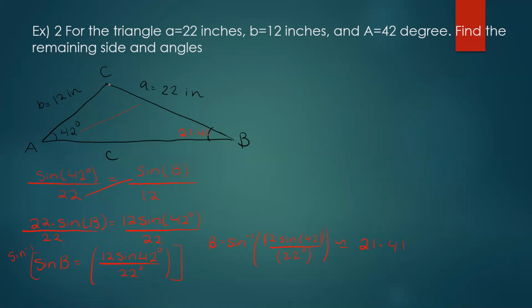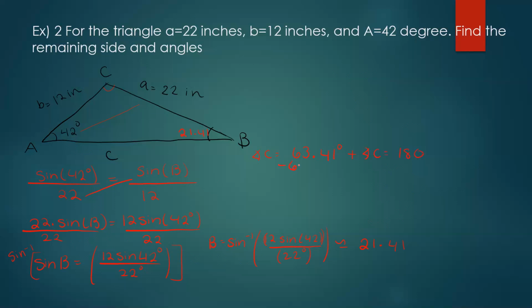Now we have angle B, we have angle A. What would you find next? Angle C, right? Because you have two angles. Angle C is pretty easy to find. You add 21.41 plus 42, which is 63.41 degrees, plus angle C equals 180.